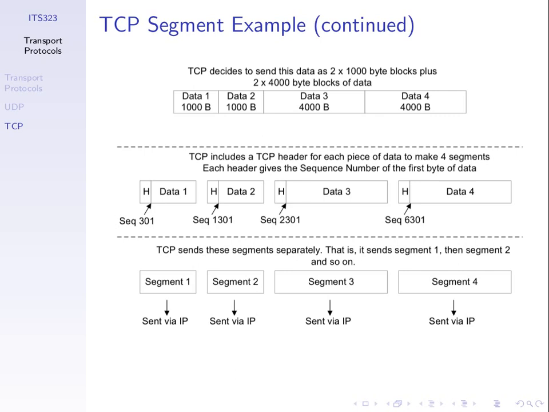We think of segments as segment 1, 2, 3, 4, and maybe then sequence number 1, 2, 3, 4. Well, no, that's not how TCP works. The sequence number counts bytes. So sequence number 301, 1,301, and so on. The sequence number will depend upon how many bytes are contained in the previous segments.